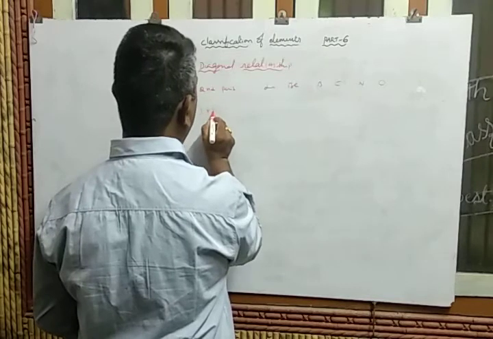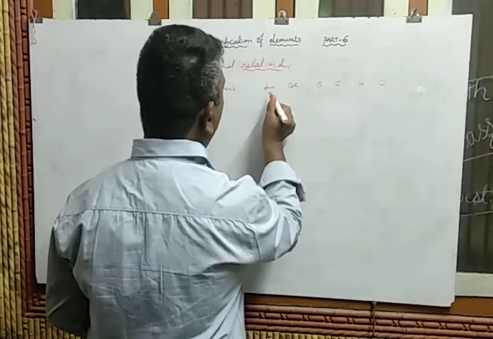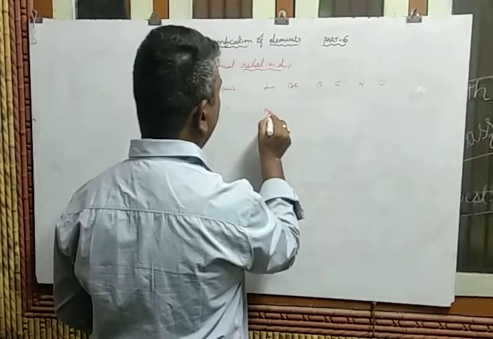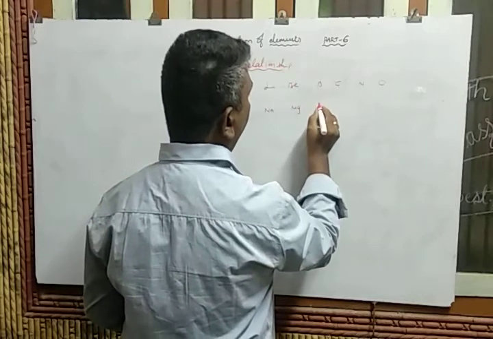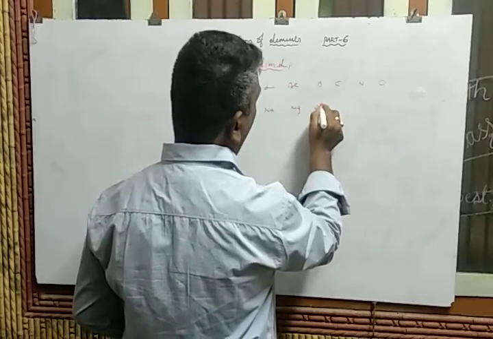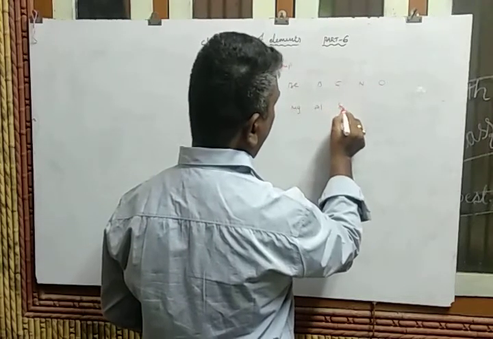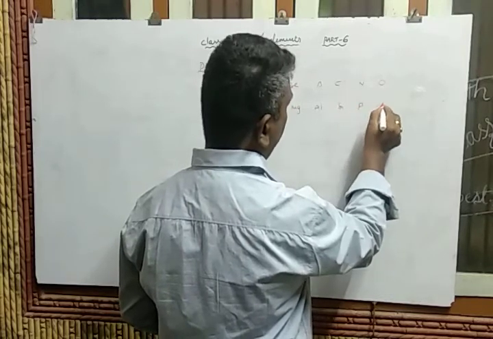Third period: sodium, magnesium, aluminum, silicon, phosphorus, sulfur.